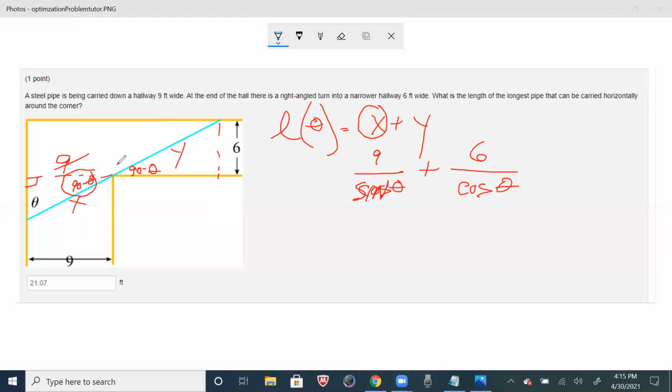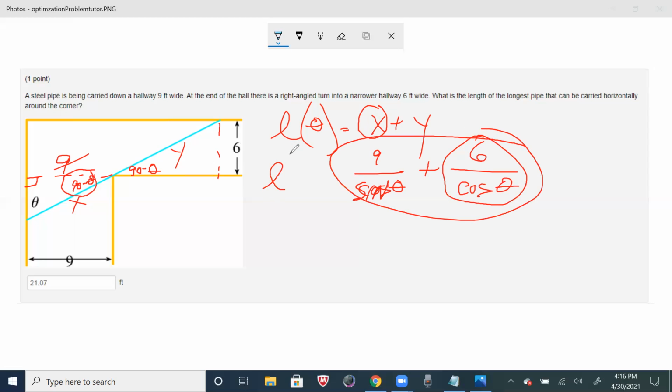So when you have a 90 minus theta, you can always convert it to its cofunction. And that's how I get that, because that also gives me the sine of 90 degrees minus theta is 6 over y. And since the sine of 90 minus theta is the same as cosine, I get this.